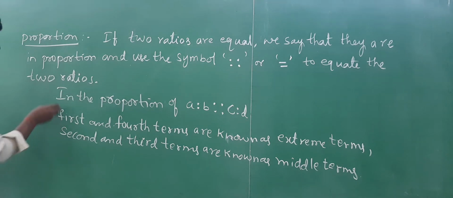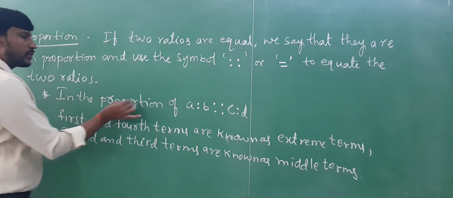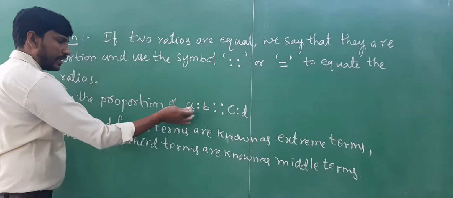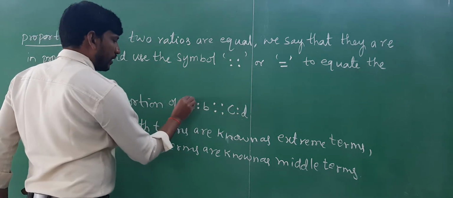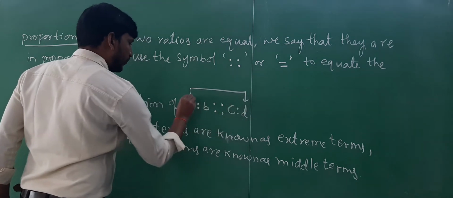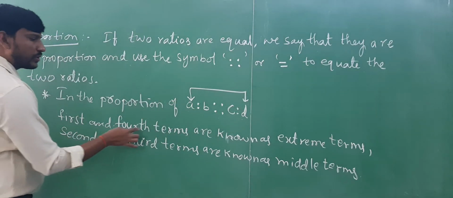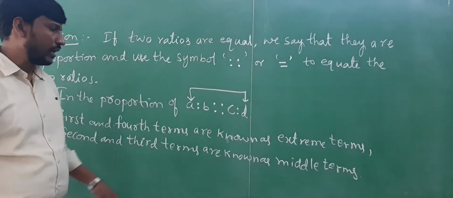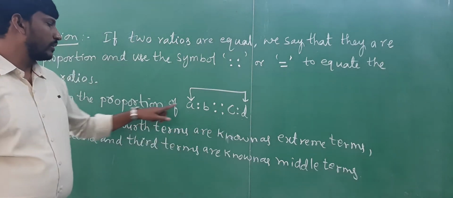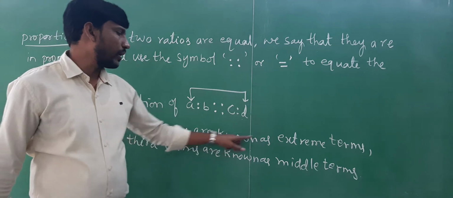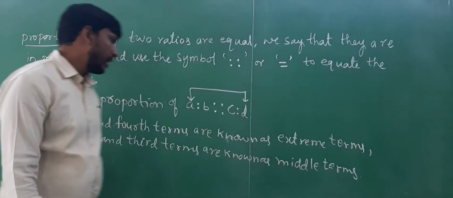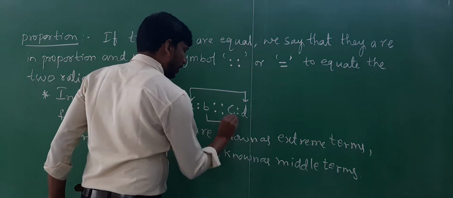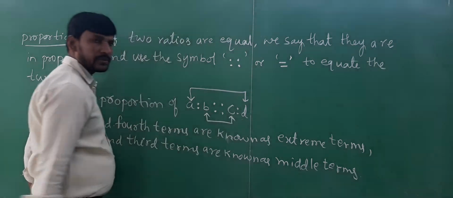Clear? So now, in the proportion A is to B as C is to D, the terms A and D, that is the first and fourth terms, are known as extreme terms. The second and third, that is B and C, are known as middle terms.